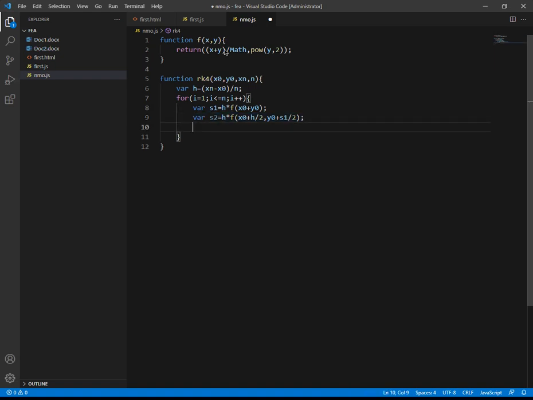I just copy paste this. I'll have the value of S3 here, and here in this case this will be S2.